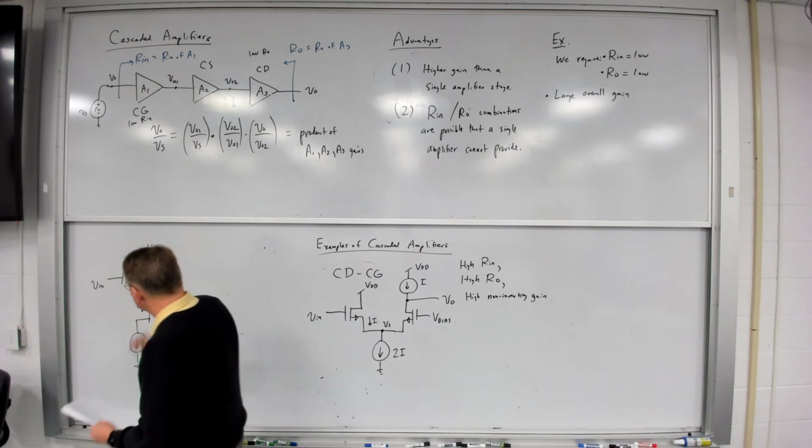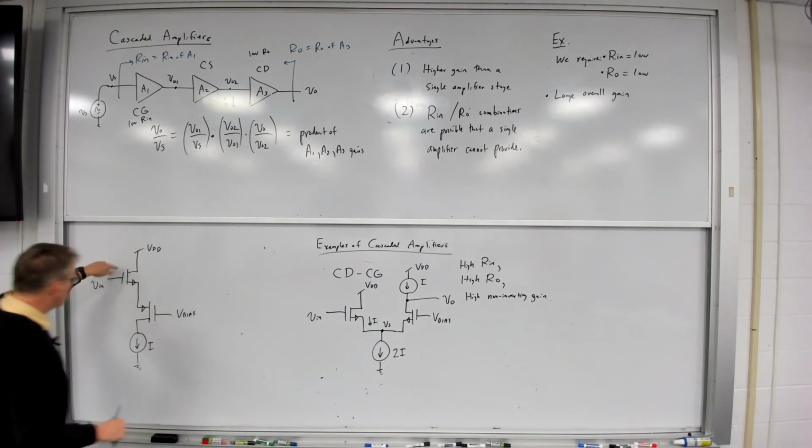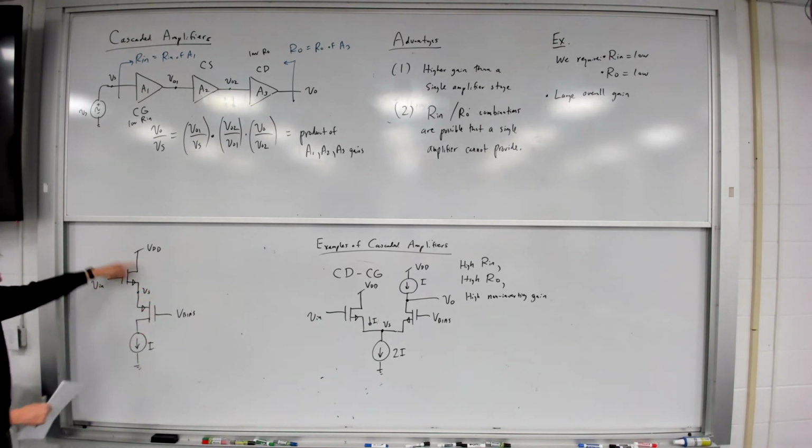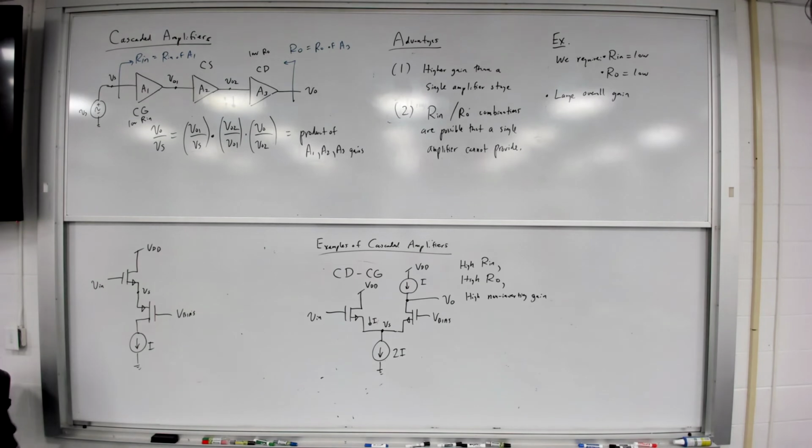So in this case, here to here, Vn to Vs, is once again a common drain amplifier.